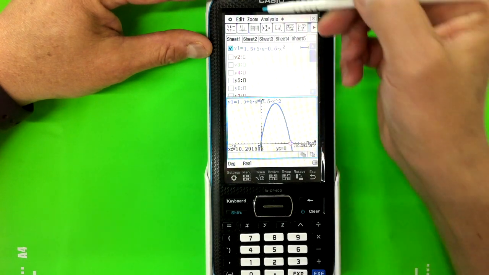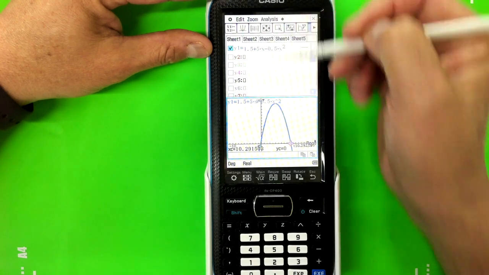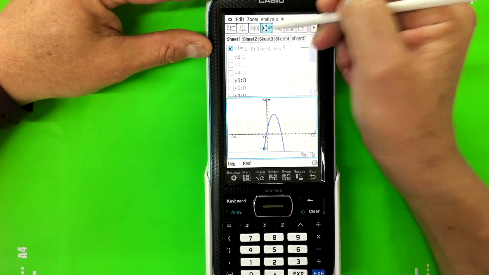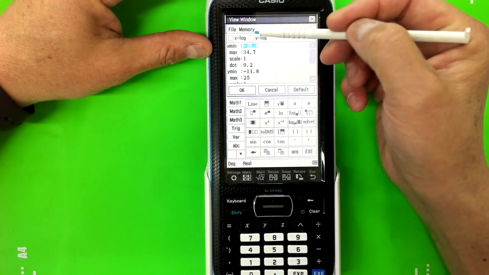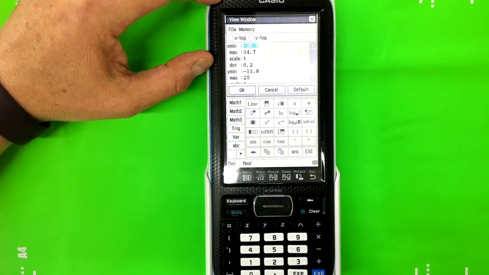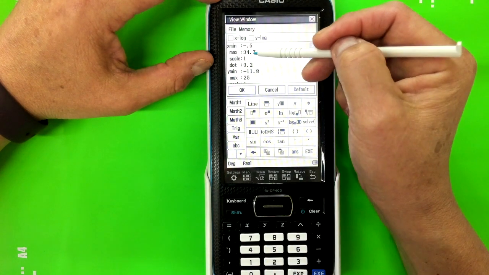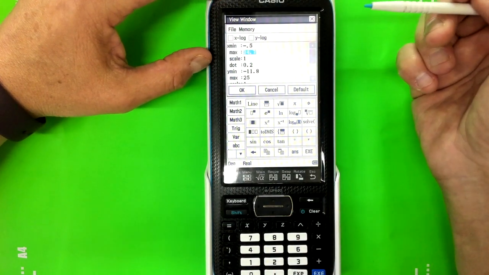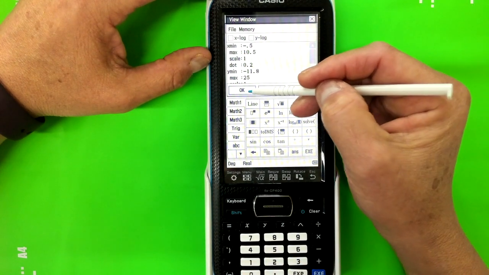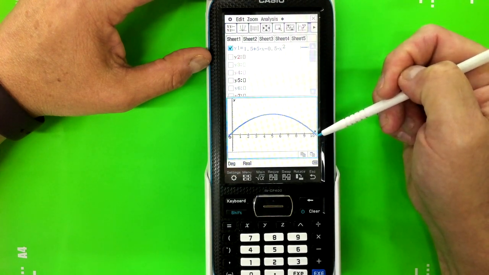Now, you can zoom out again to draw it a little bit better, or use your scale. So if I set x minimum as minus 0.5, maximum as, let's say, 10.5, and click OK, you can see that the graph is sketched for you.